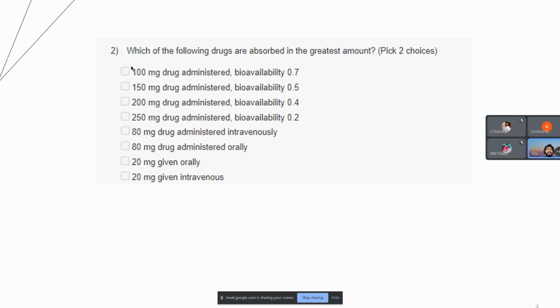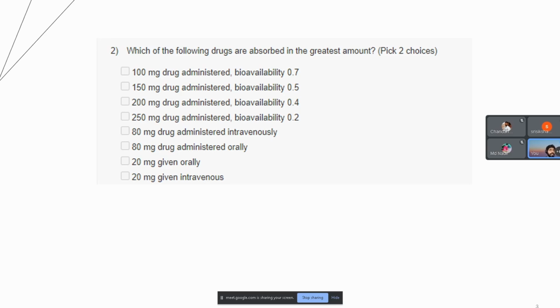If I take the first example, 100 mg of drug is administered, bioavailability is 0.7, meaning 70% of the drug is going to get absorbed in the body. So you have to look at what 70% of the 100 mg drug is. 70% of 100 mg is 70 mg, so 70 mg of drug is absorbed by your body in the first case.